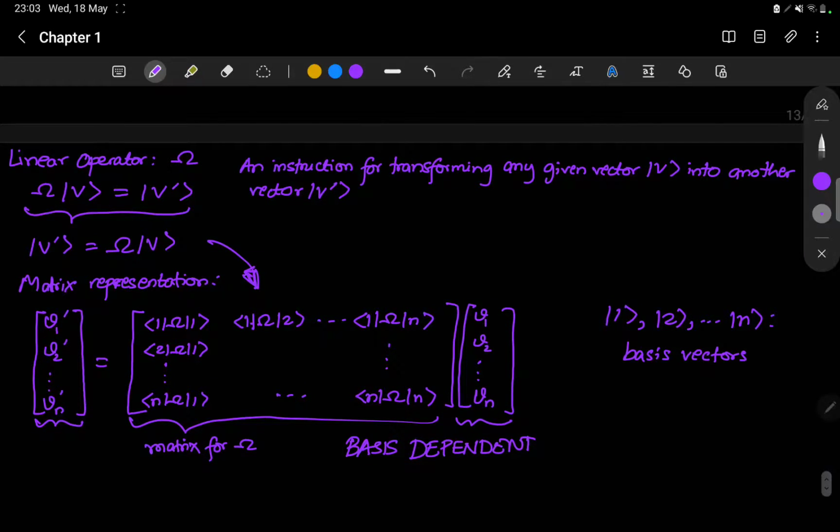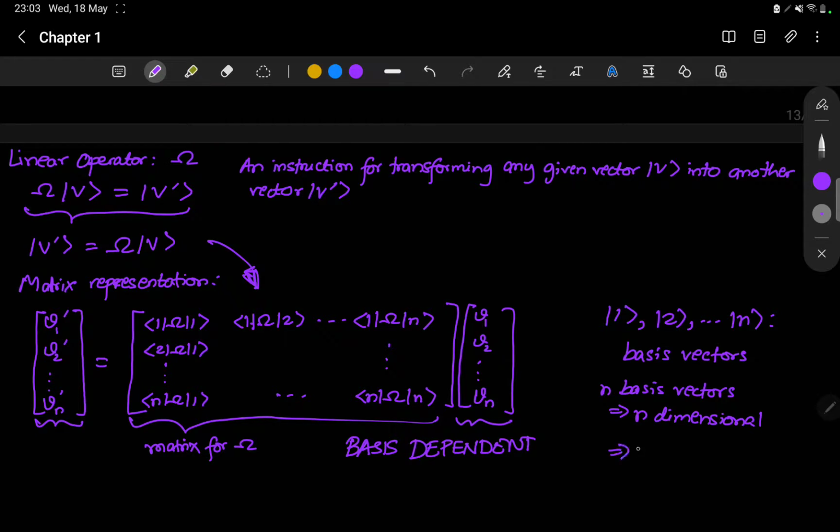An important point to note is that n basis vectors means an n dimensional space.